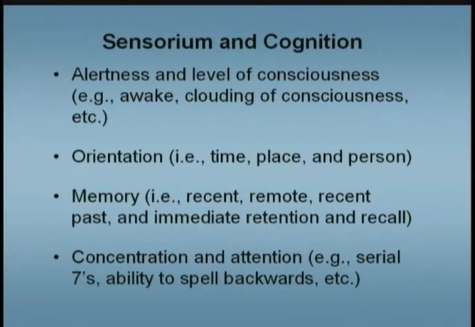Now the serial 7s is where you start off with 100 and you ask the patient to subtract 7 from 100, and you have to do this 5 consecutive times. If they're having trouble with the 7s, then do 30 and subtract 3, and that's what the serial 3s are all about. And again, you have to go back 5 times, so it would be 30, 27, 24, 21, and 18.